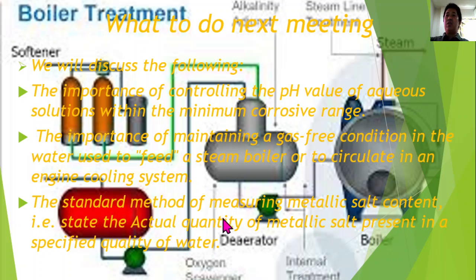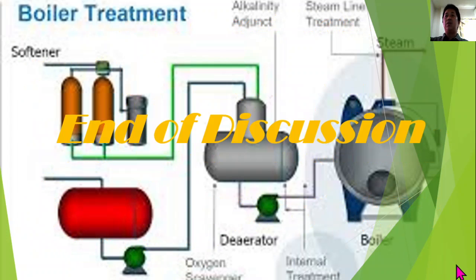The standard method of measuring metallic salt content will state the actual quantity of metallic salt present in a specified quantity of water. So that will be our activity next meeting. This is the end of the discussion.